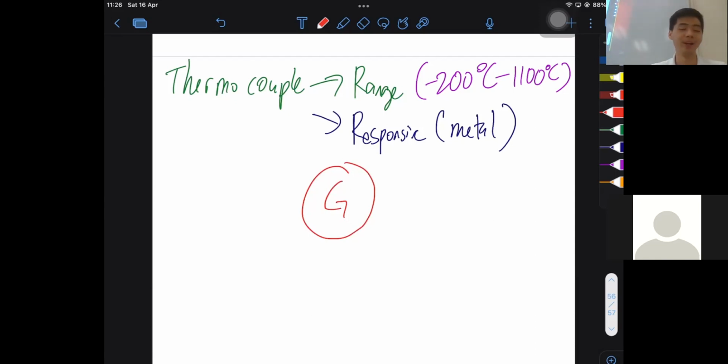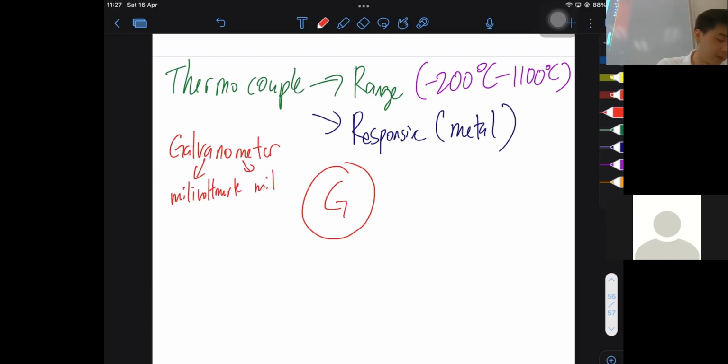Yes, as usual, galvanometers will usually be something you learn in your year 11. Galvanometers are basically things that can measure very, very small changes in voltage and amperes. If you want to put it in layman terms, you can just imagine a millivoltmeter kind of married to a milliammeter, and then they gave birth to a galvanometer.